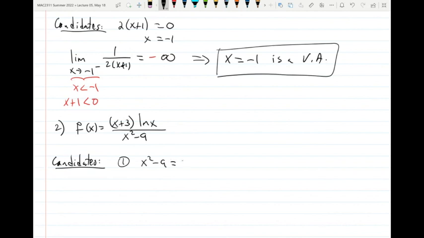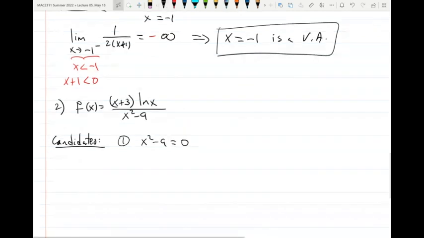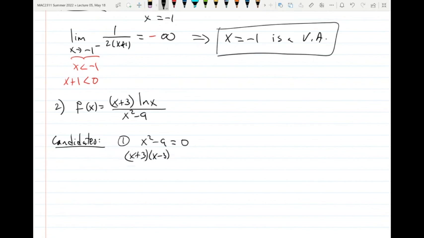So I'm just going to do the whole thing, okay? That will be whatever makes this equal 0. Those are candidates. Whether they happen to actually be a vertical asymptote or not, that's a different story, right? So remember, this is (x plus 3)(x minus 3). So we have -3 and 3. So these two are candidates.